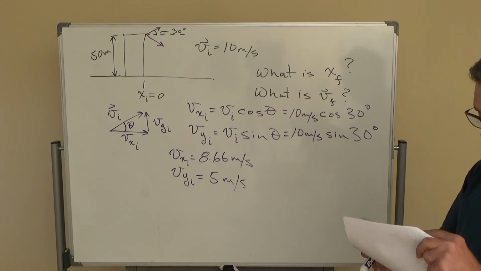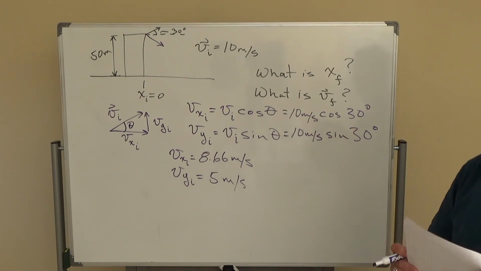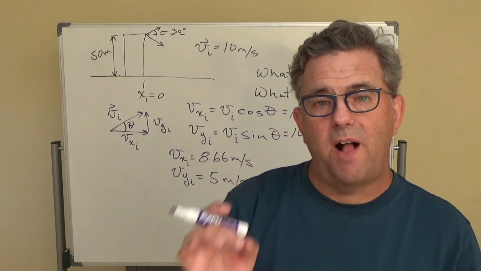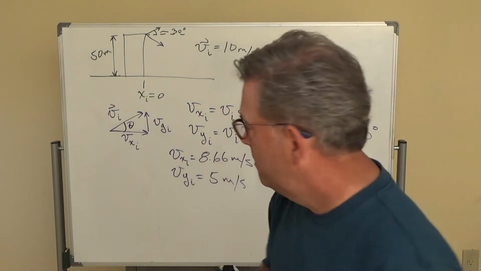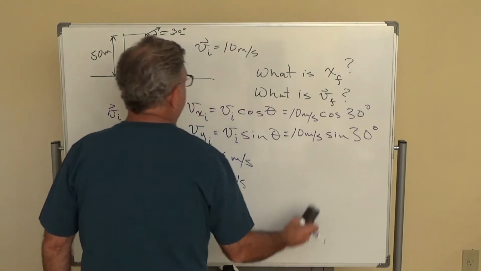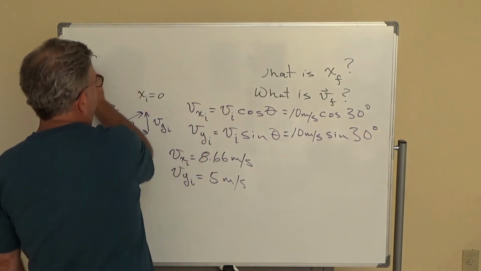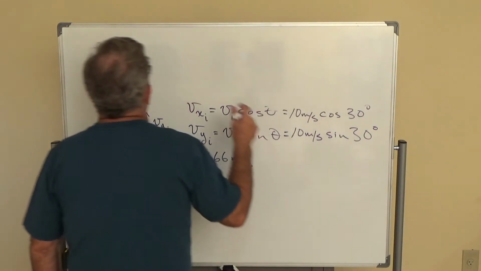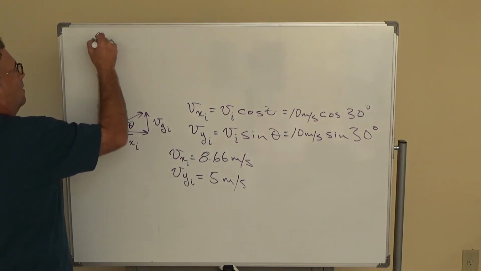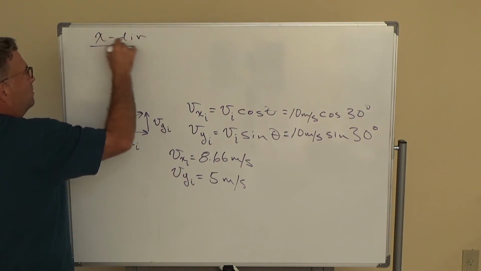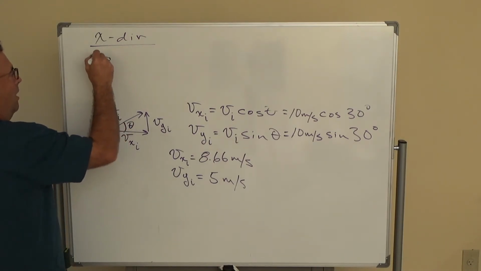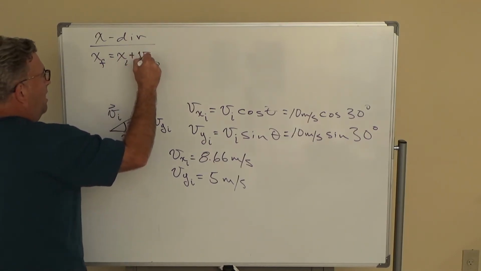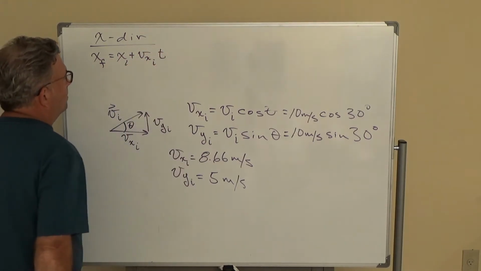So what do I need to do first? Well, I'm asking you for the final position in x. So in the x direction, which I just wrote down, x final is equal to x initial plus Vx initial t.